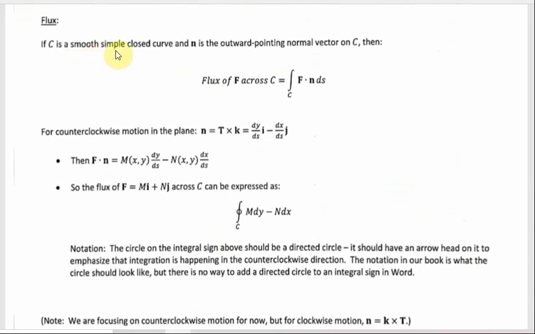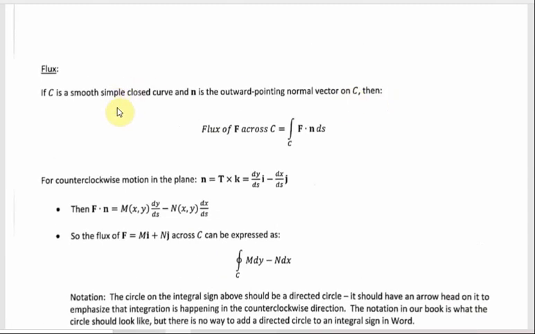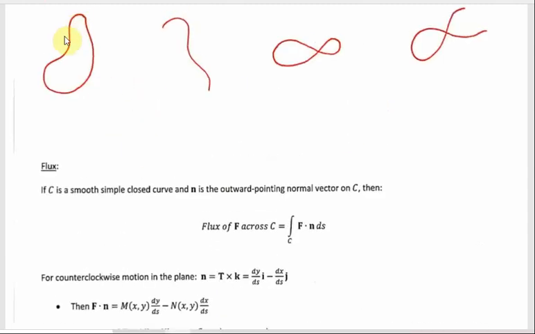And if we go down to where the flux stuff is, now if C is a smooth, simple closed curve, so there it is, simple closed curve, and N is the normal vector pointing out rather than pointing inward, then, because it's a smooth, simple closed curve, you've got something like this that's a closed loop. So pointing out is like that. Pointing in is in toward the inner region enclosed by that curve.